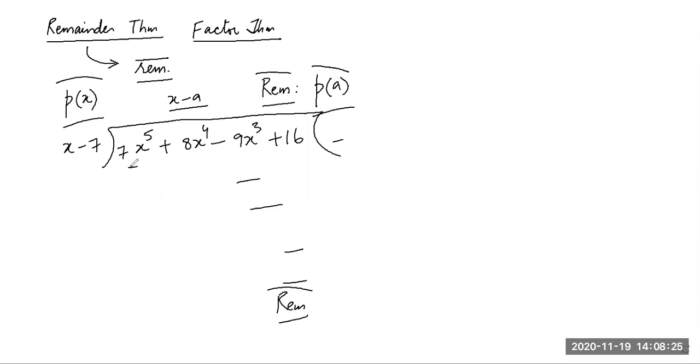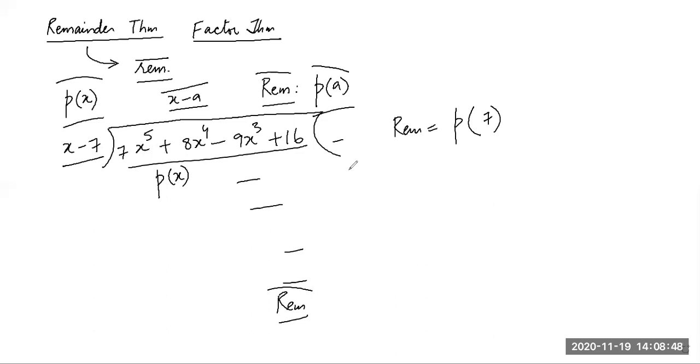Let's say this polynomial is p of x. Its remainder will be directly p of 7, so a is 7 here. x minus 7 is another form of x minus a. So simply put the value 7 instead of x, and you will get the remainder.